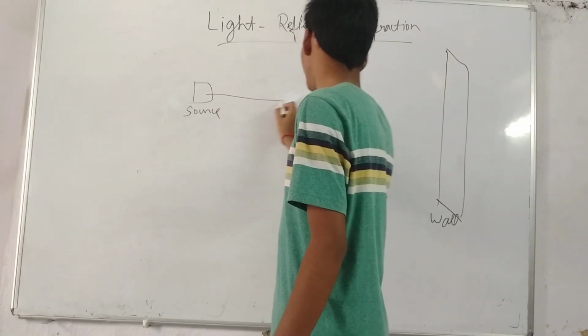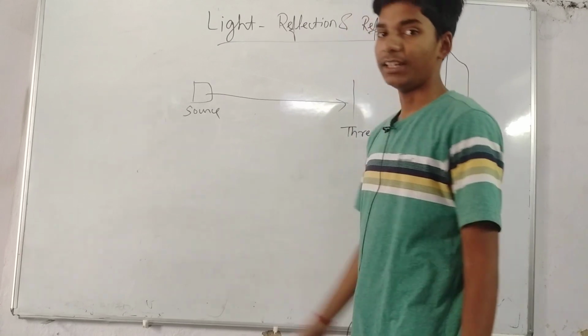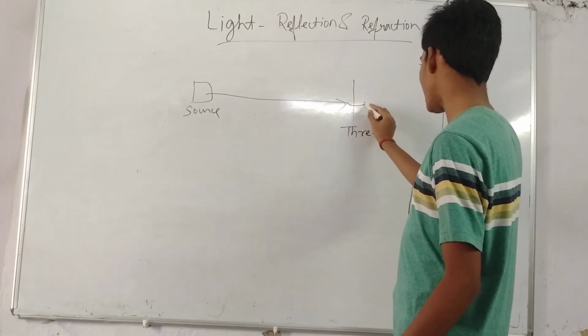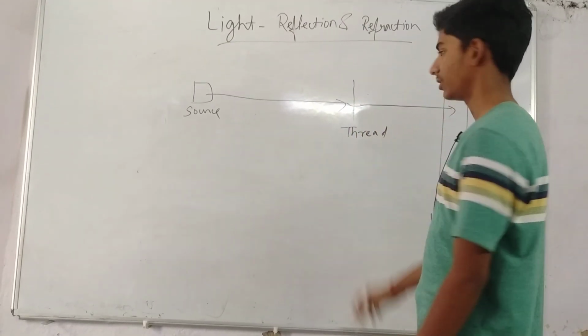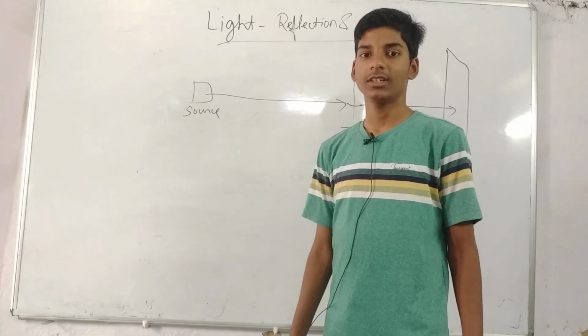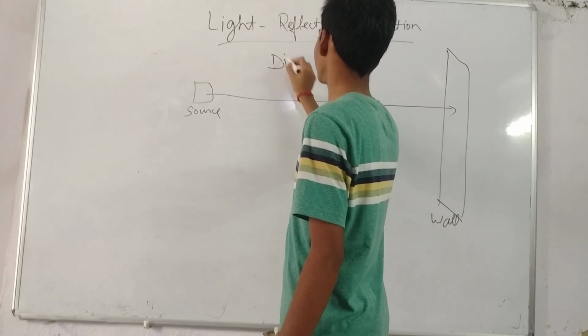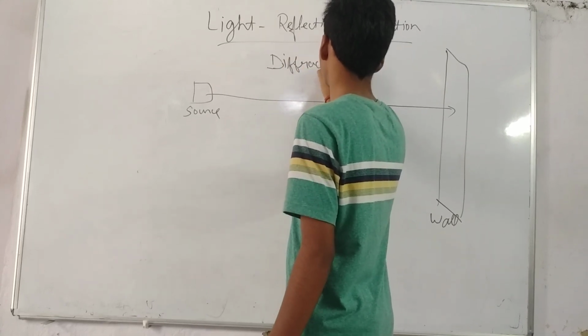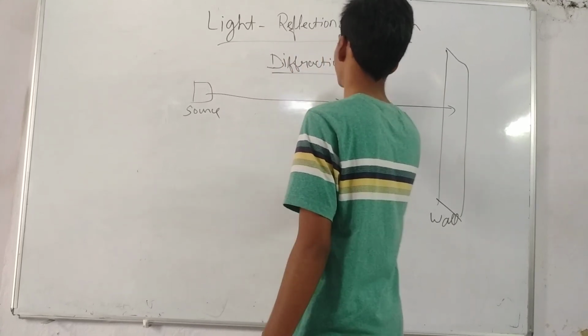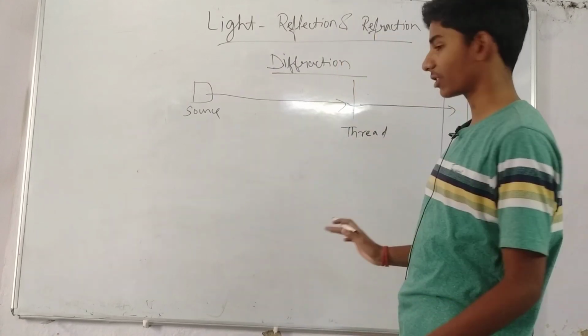If we pass a ray of light here, light has a tendency to bend around it and go to the wall. This phenomenon is called diffraction of light.